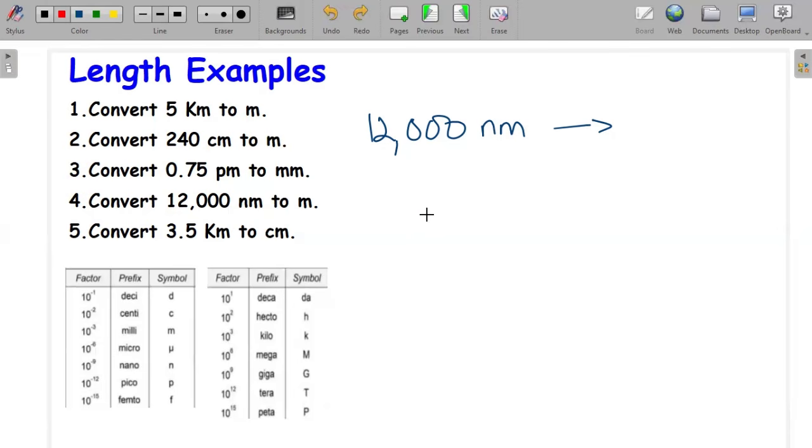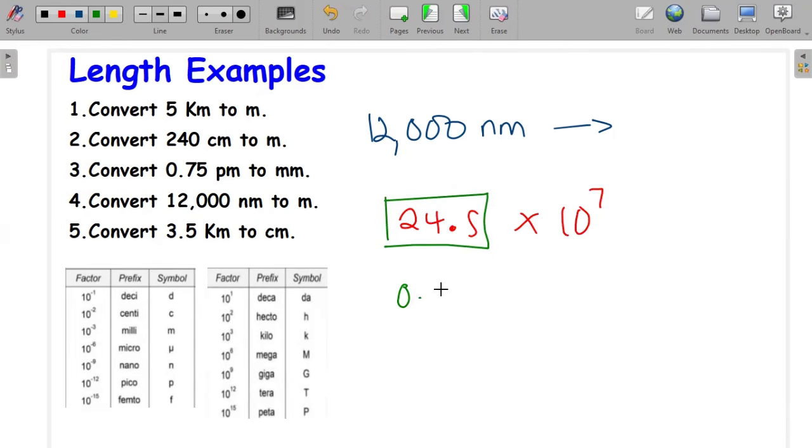And then I gave examples. If I write 24.5 times 10 to the power 7, this is not scientific notation, because this number is greater than 10. And if you write 0.57 times 10 to the power minus 3, this again is not scientific notation, because this number is less than 1.